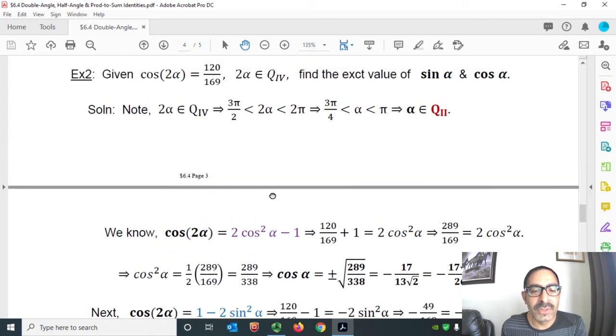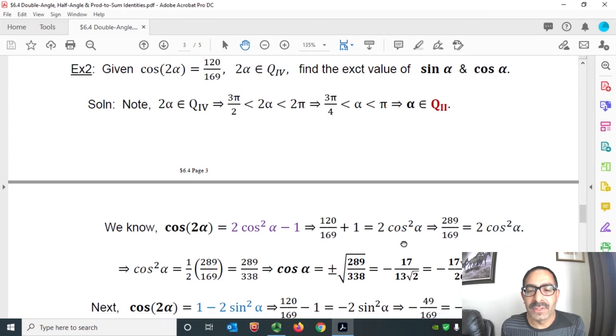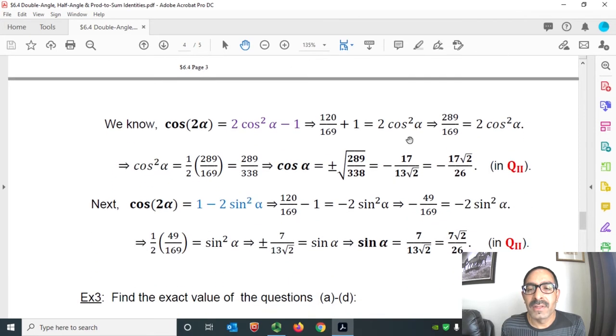So what do we know here? We know cosine of 2 alpha is 120 over 169, and I add 1 to both sides, so bring 1 to the left side, so plus 1 equals 2 times cosine square alpha alone on the right side. Then simplify the left side, take the LCD. LCD is 169, then 120 plus 169 over 169.